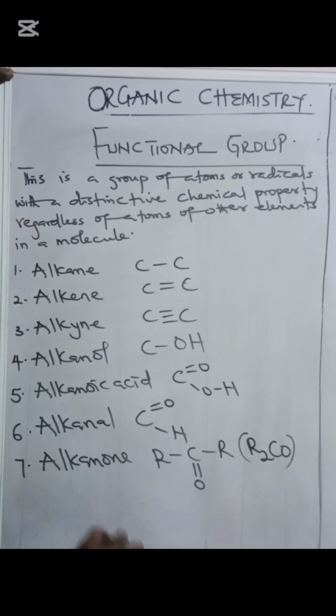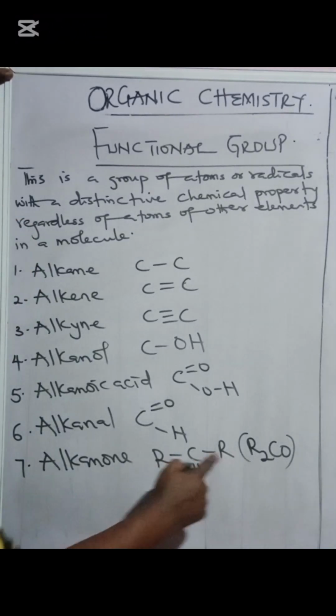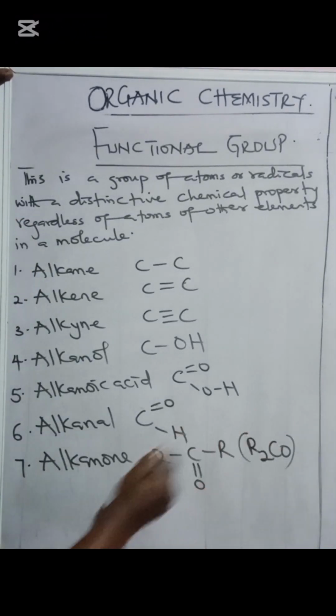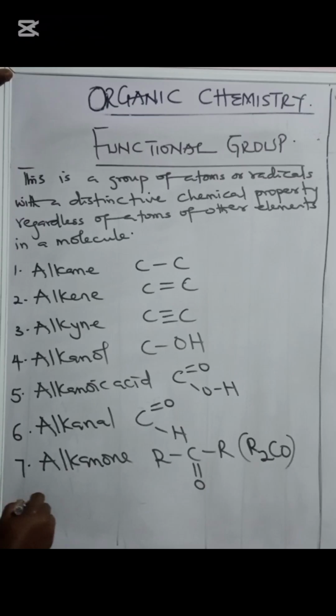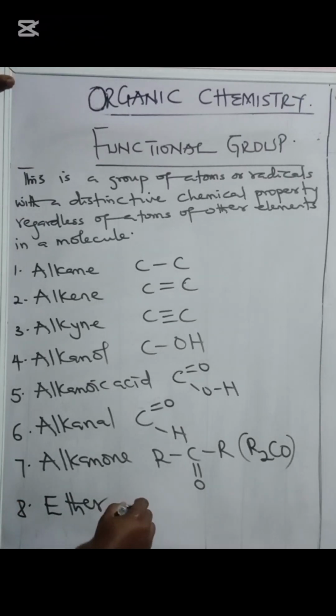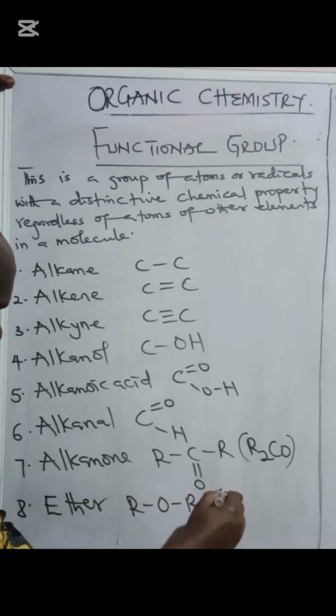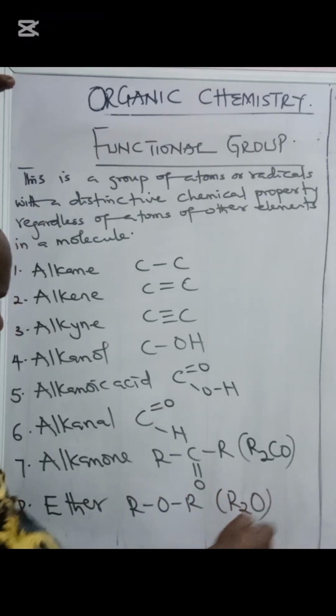It's either this or we say R2, then how many C? C1, then CO. Then we have ether. Ether is written as ROR, which can be written as R2O. R2O.